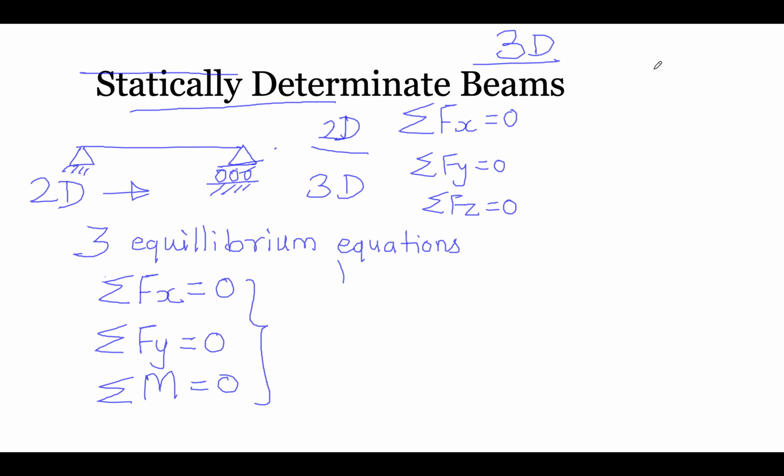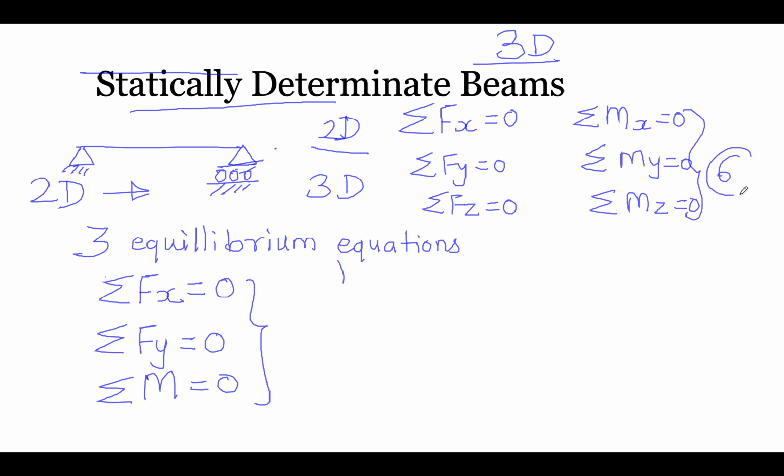Also, summation of moment in x direction is equal to 0, summation of moments in y direction is equal to 0, and summation of moment in z direction is equal to 0. So we need to satisfy these 6 equations in total. Then we can analyze this structure. So this is the statically determinate beam.